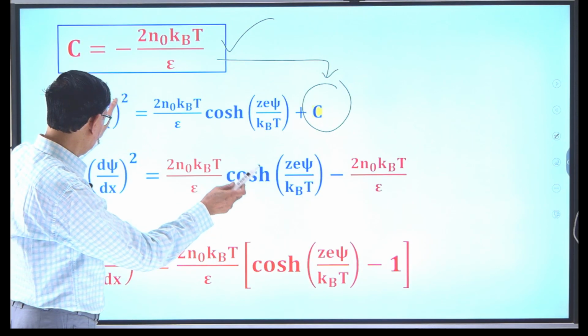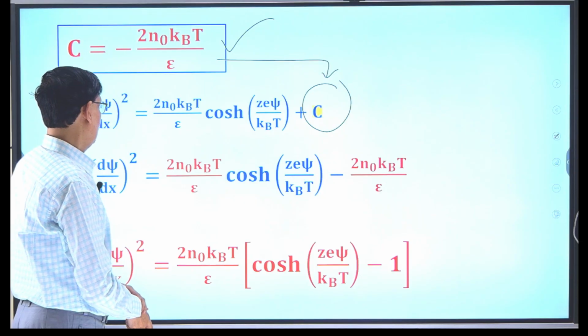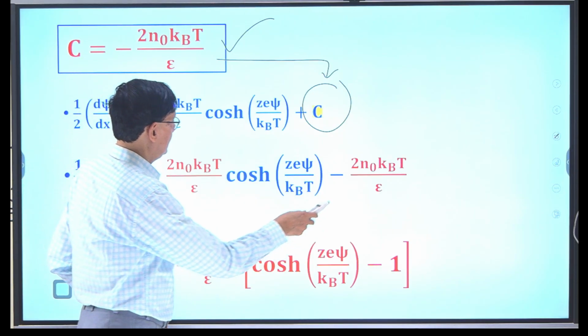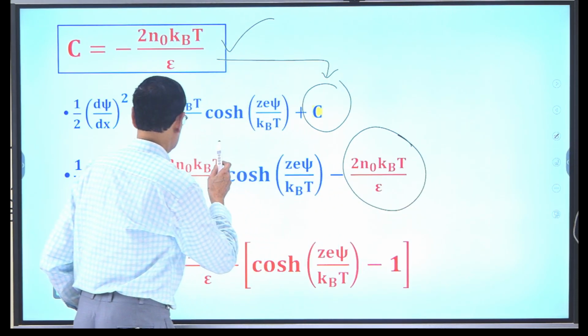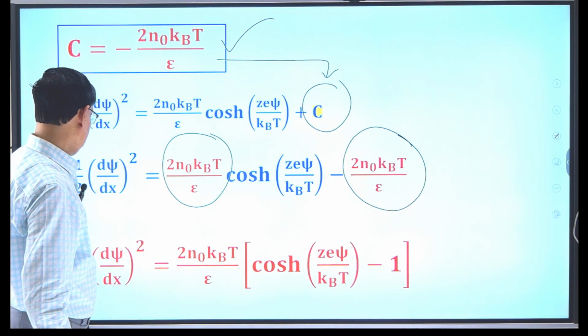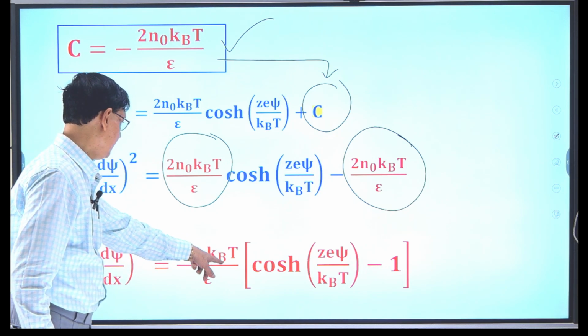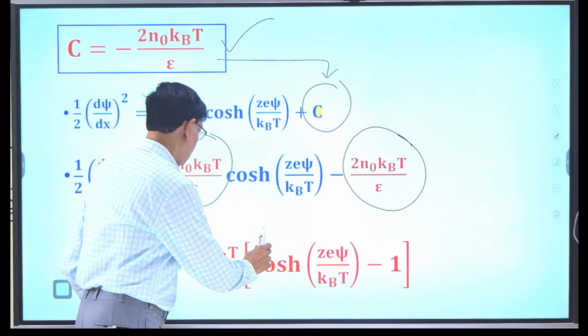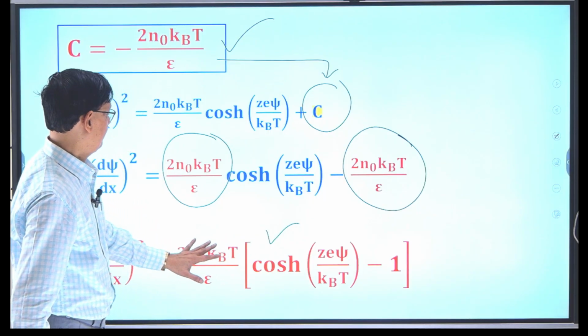Just for clarity, I am using different types of color so that students don't get confused. So here it is minus, it is common, you see here. This part is common. So what I can write? Half dψ dx whole square is equal to 2 n0 kbt epsilon cos h minus 1. You follow my point?